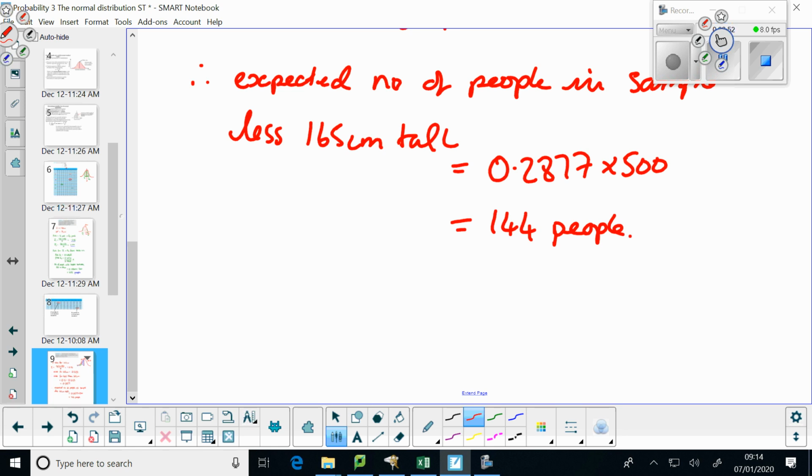Just multiply the probability by the sample size to estimate how many people you would expect. Right.